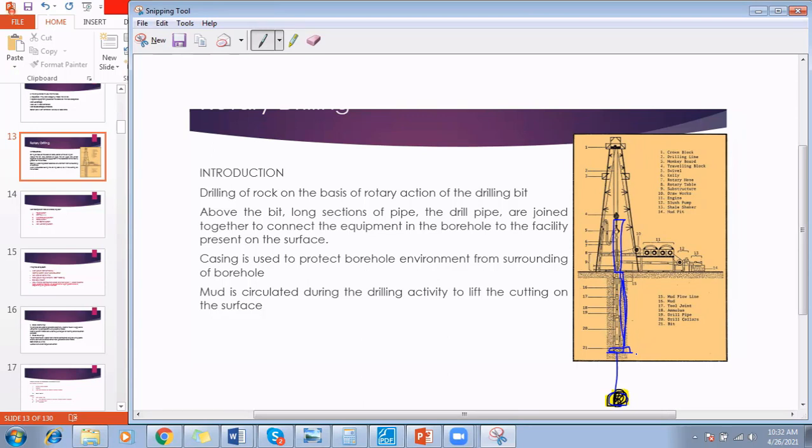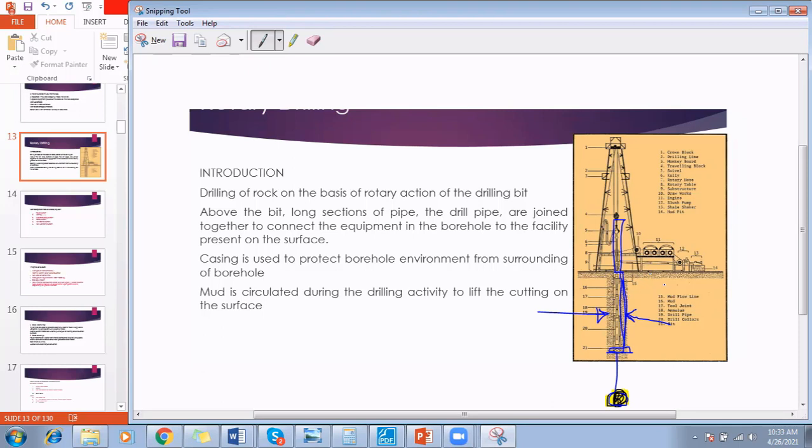You may control the pressures that are exerted from the surroundings on the borehole. And the other purposes include the lubrication of the drilling bit. So these are a few uses of drilling mud. During the rotary drilling operation, you keep the circulation of the drilling mud.